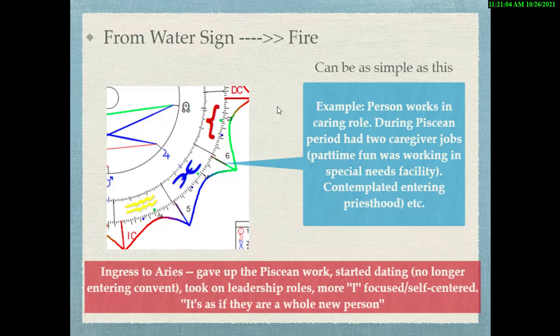So how does it really work? Just to give an example, this is a client I know very well, and this person was working in a caring role, going through their Piscean, mutable period of time. They had 2 caregiver jobs, part-time working in special needs and a geriatric facility, and contemplated entering the priesthood, etc. Their ingress to Aries, though, they gave up that Piscean work, finally started dating, and was no longer entering the convent, entering the priesthood, if you will.